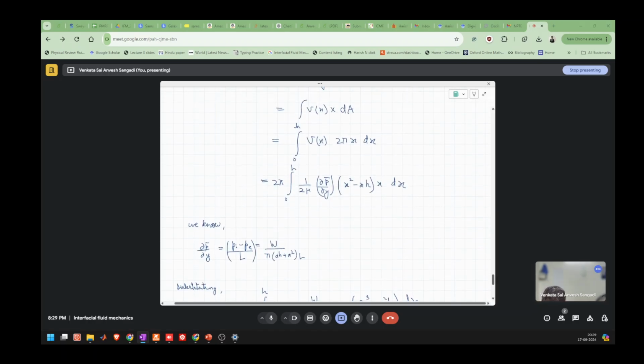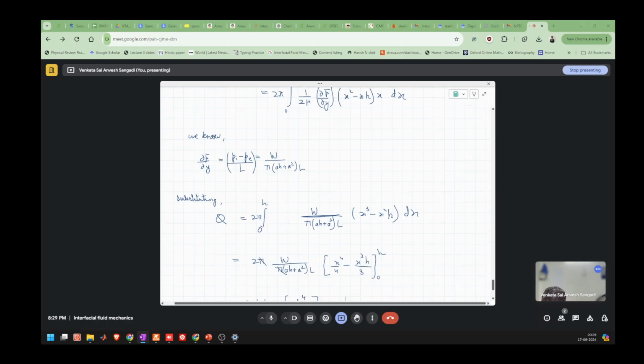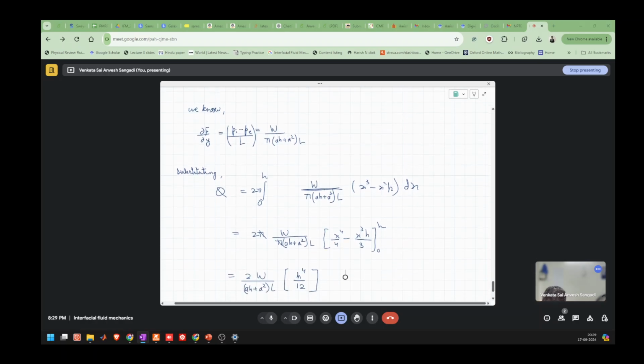Firstly, one mu is kept here. So there's a mu.